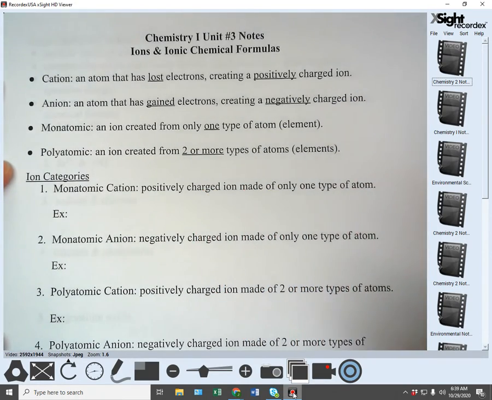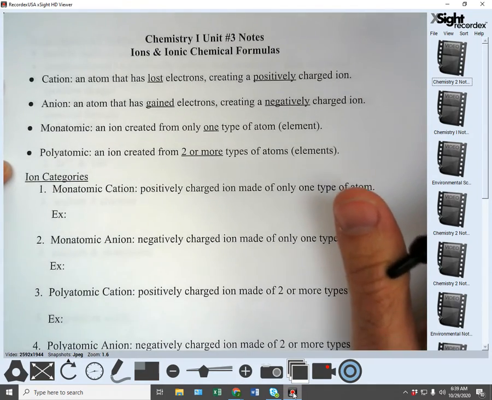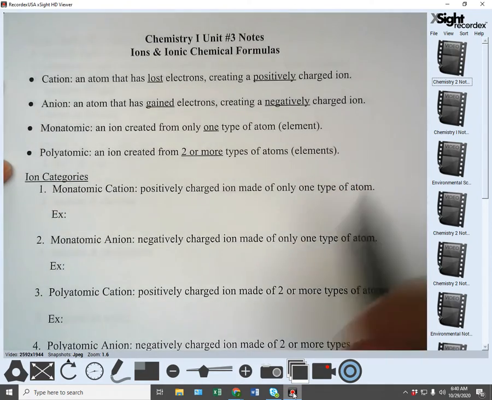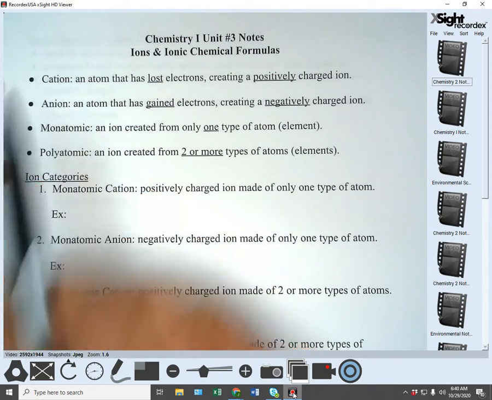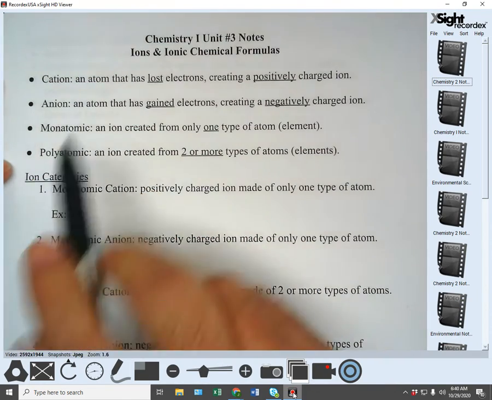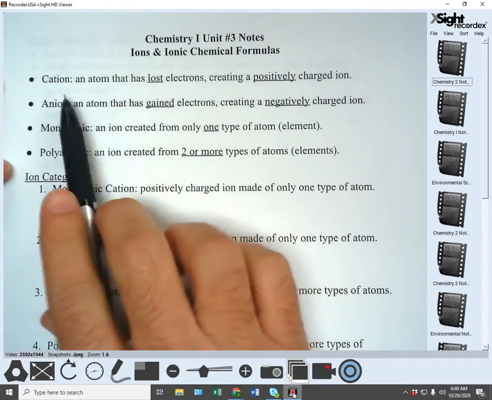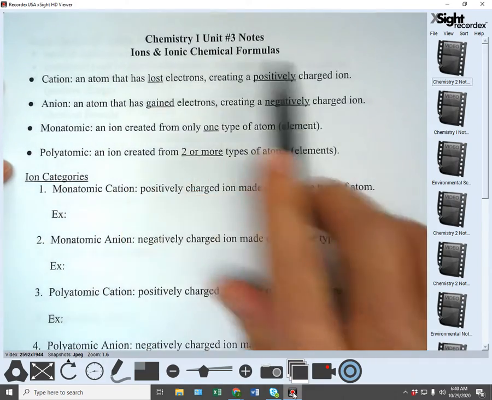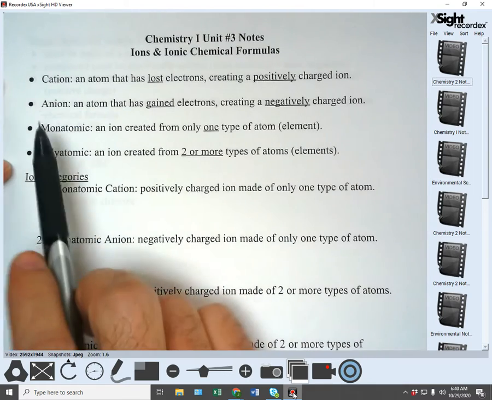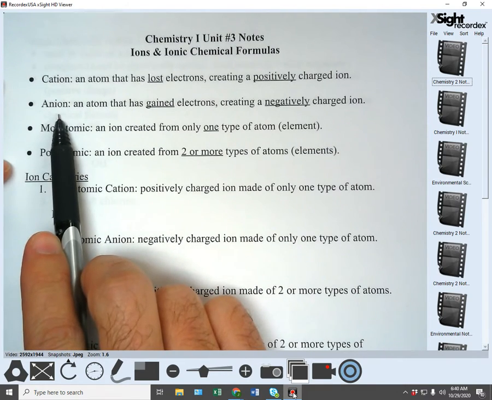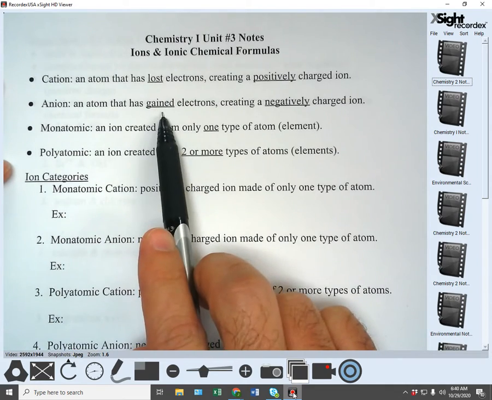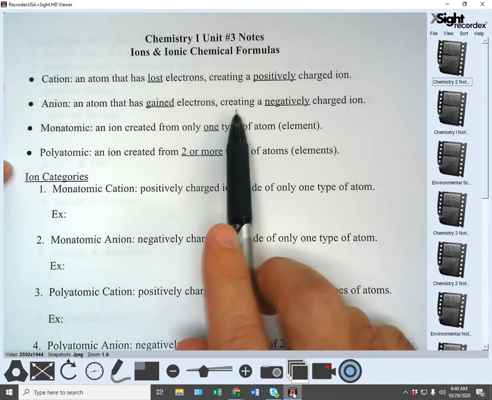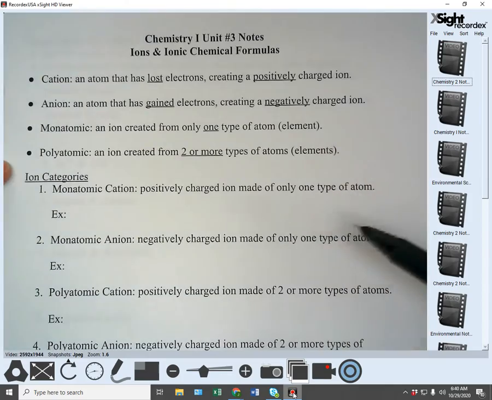So if you remember in the in-class lecture, a cation is positive, right? So to remember that, losing electrons, positively charged ion. An anion then is the opposite. An anion gains electrons and is a negatively charged ion.